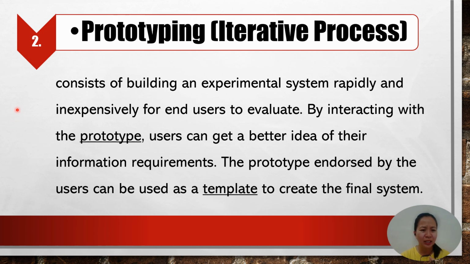So it consists of building an experimental system rapidly and inexpensively for end users to evaluate. By interacting with the prototype, users can get a better idea of their information requirements. The prototype endorsed by the users can be used as a template to create the final system.